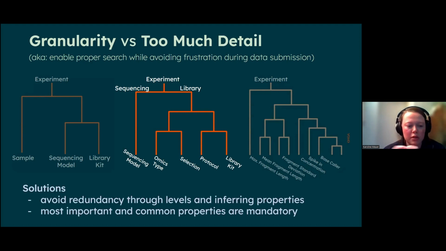And our solution is that we avoid redundancy because we define a hierarchy at the experimental level, and we also infer properties based on other properties. And in accordance with the minimum information standards, only the most important and common properties are mandatory. This also means that there's always a minimal catalog that is browsable and slims down the search function.